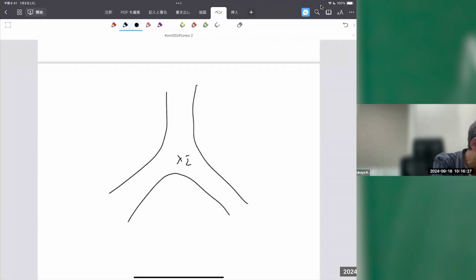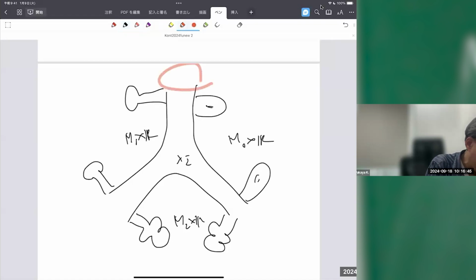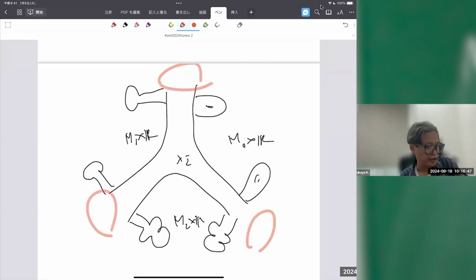Cross sigma, and you have this M1 cross R, and you have this M2 cross R, and you have M0 cross R. So there are three infinities here.